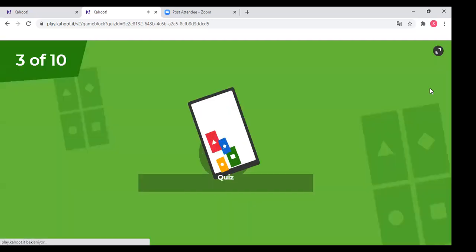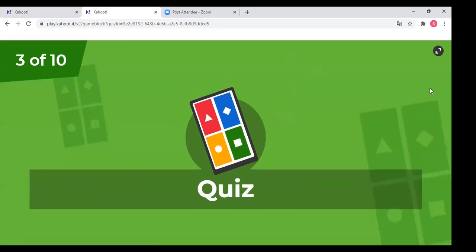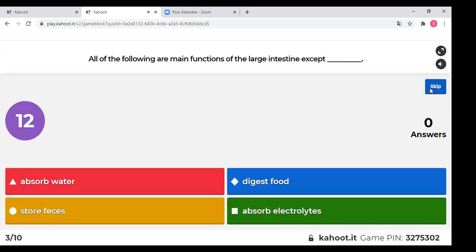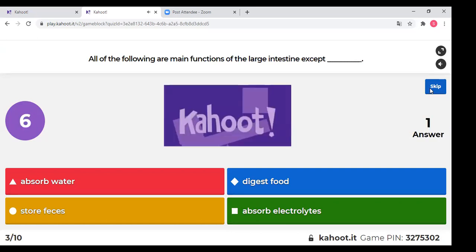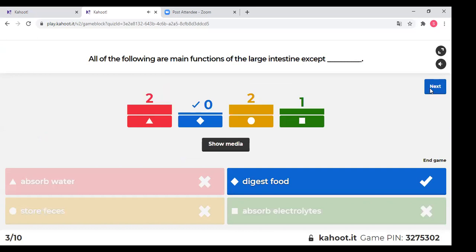The third question. All of the following are main functions of the large intestine except absorb water, digest food, store fats, absorb electrolytes. Yeah, the true answer is digest food.